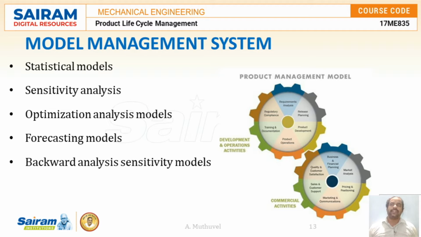Then the optimization analysis model, that means optimization of the product and the factors we have to consider. And the forecasting model, that is your vision of what is going to happen in future, so we can do prediction with forecasting models. And backward analysis and sensitive model. So these are the various models for your model management system.